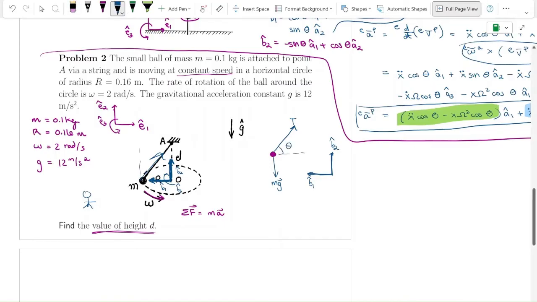Just to reiterate, I don't know if I explained that very well. We first create our frames, right? And we choose to draw our free body diagram in terms of the B-frame, because the B-frame is rotating with the mass. And so in terms of the B-frame, tension is always pointing in this direction.